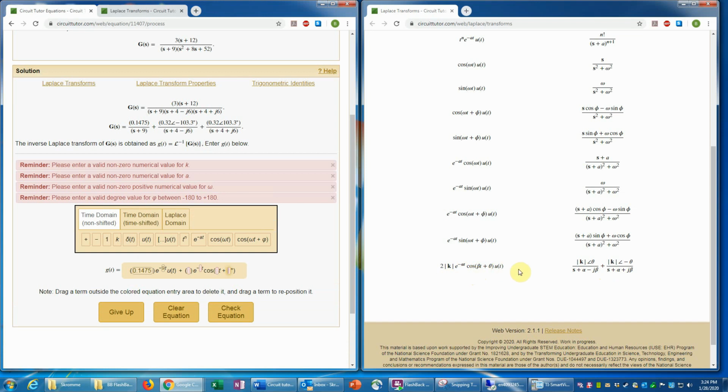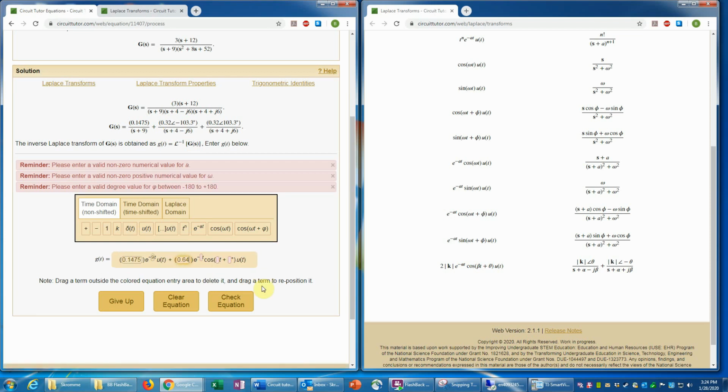And finally, we need the unit step function. And you don't want to ever forget that because that's important. Okay, so our constant is going to be twice the value of the k, which was 0.32. So we can easily use that as 0.64. Again, it's twice this because it's 2 times that magnitude, and that is the magnitude of that constant.